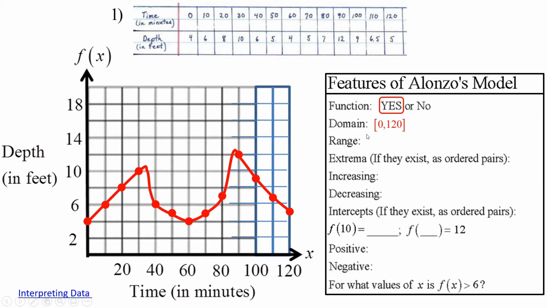Now the range. Now we haven't talked about the range yet, so this is new. But the range is simply the y values, the outputs. All right, and this is continuous, so we're still going to use interval notation. Now, what is my minimum y value in this graph? Well, I see it right here at 4 and 4. So my minimum y value is a 4. And what's my maximum y value?